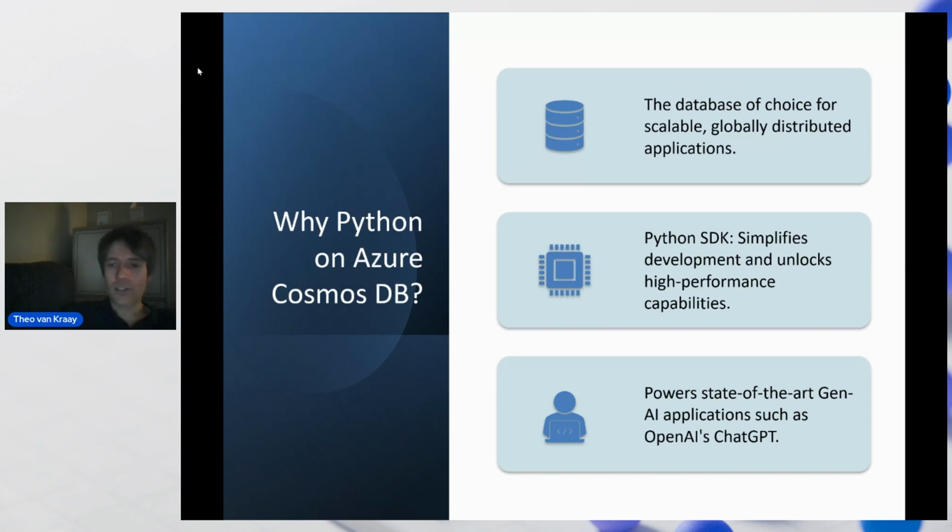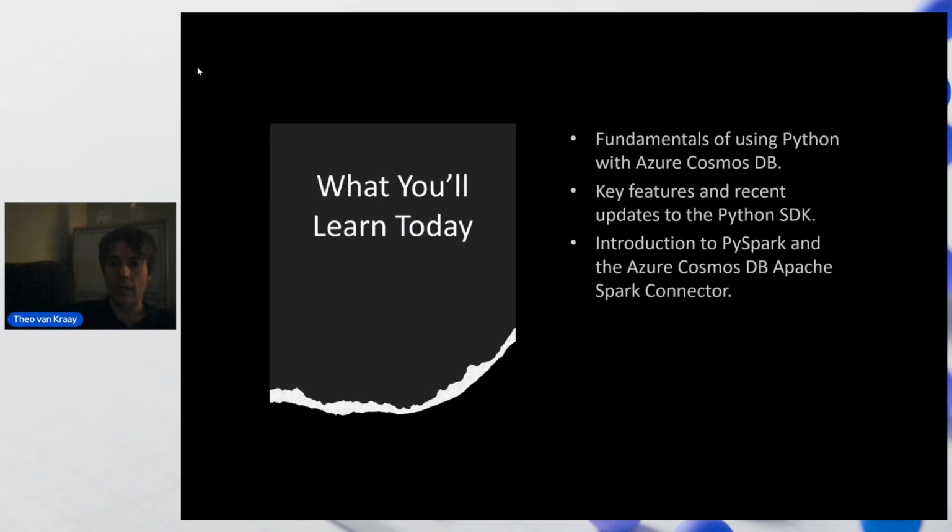And of course, as I just said, OpenAI not only uses Cosmos DB to scale its ChatGPT service, but it also uses the Python SDK as well as the Spark connector also, which I'll touch on today. So if it's good enough for OpenAI, hopefully it's good enough for you if you want to start building things with Python in Azure on Cosmos DB.